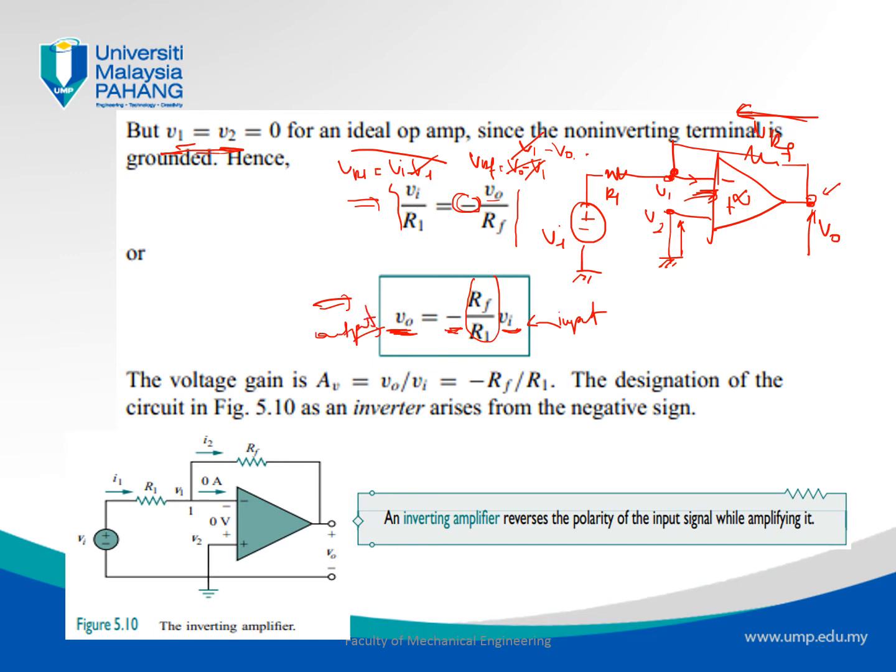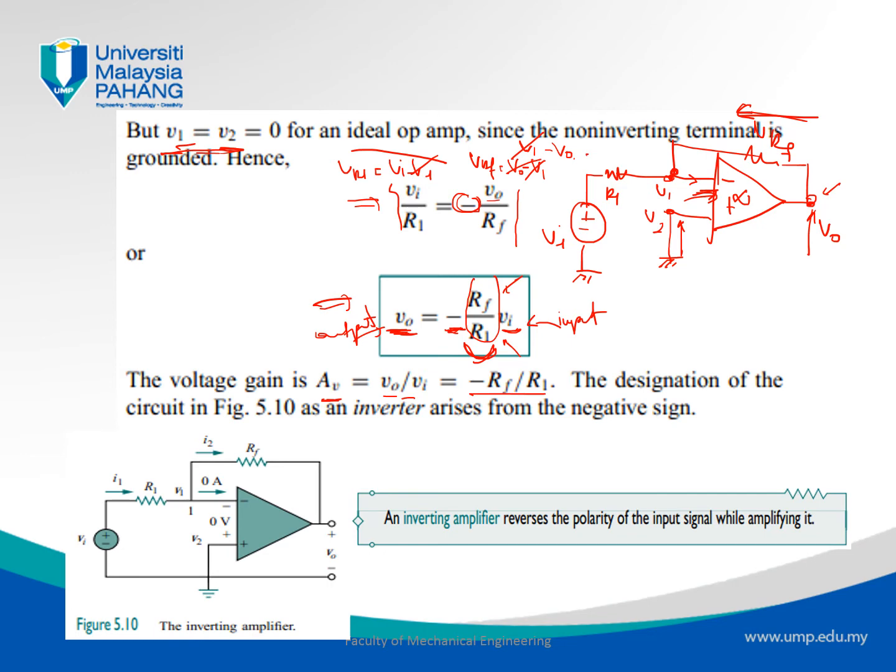It is inverting, minus, and we have a gain of RF over R1. The ratio between the feedback resistance and the input resistance R1 is the gain. So the voltage gain, V0 over V1, is minus RF over R1.